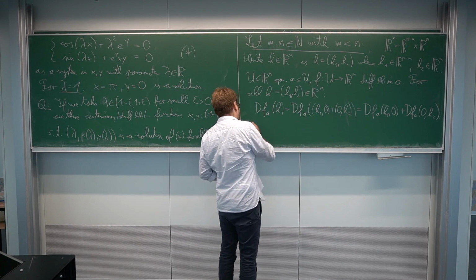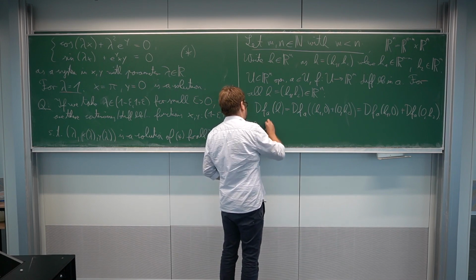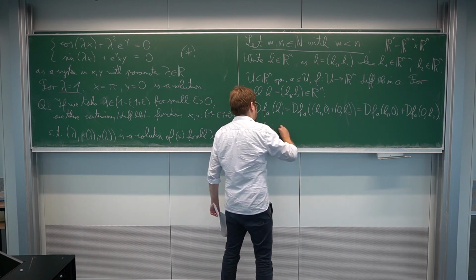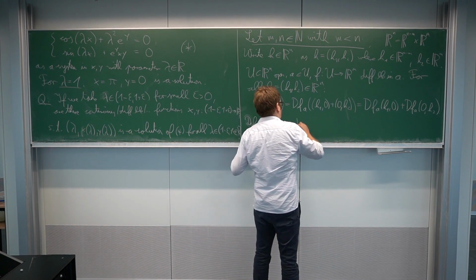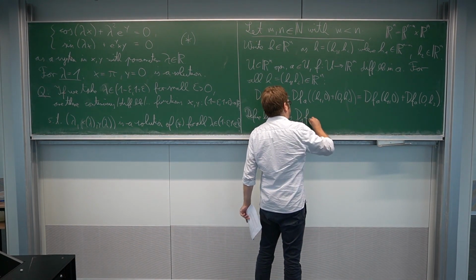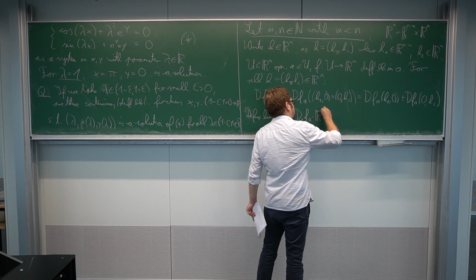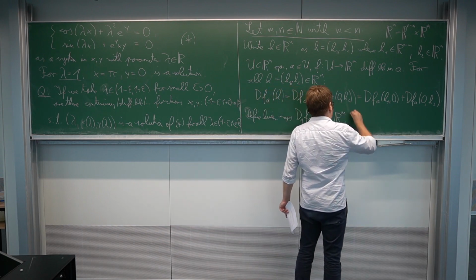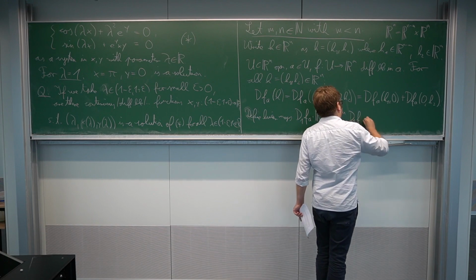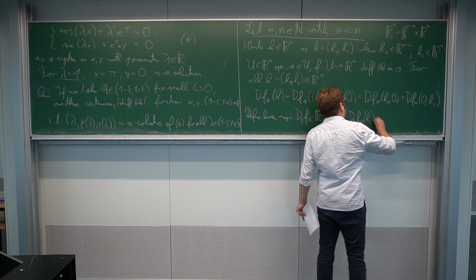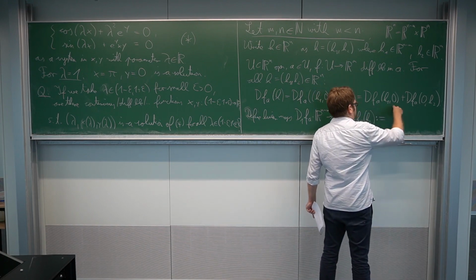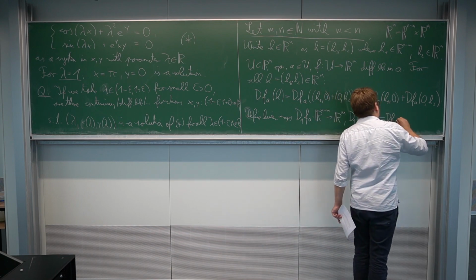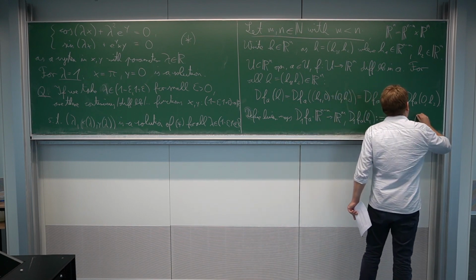Define linear maps. The first one I call d1 f_a, from R^(n minus m) to R^m. d1 f_a of h1 is just defined as df_a of (h1, 0).